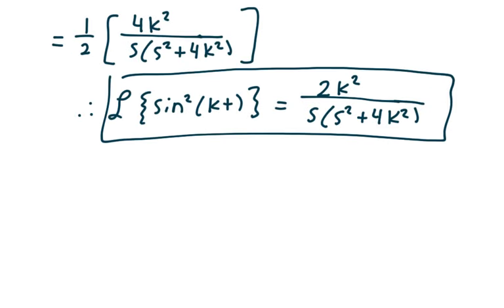And then we get 1/2 of 4k squared divided by s times s squared plus 4k squared. And then 2 goes into 4 2 times. And so I'm done. The Laplace transform of sine squared of kt is equal to 2k squared divided by s times the quantity s squared plus 4k squared.